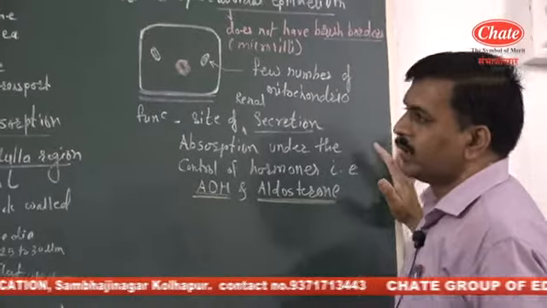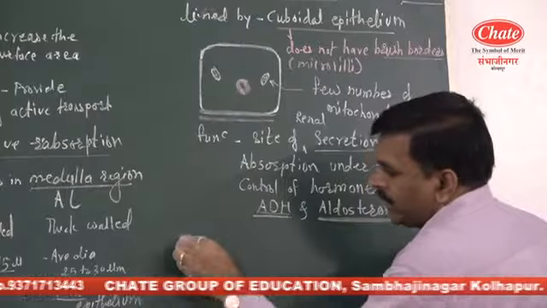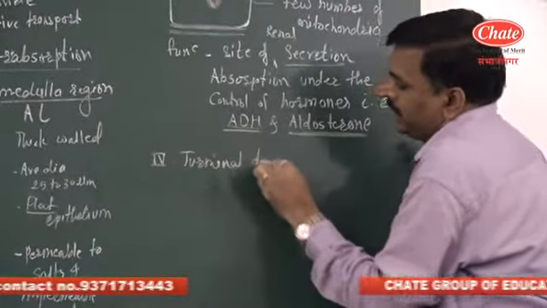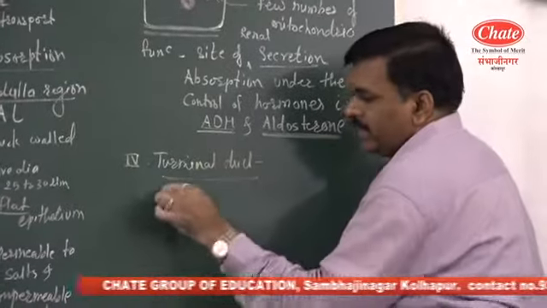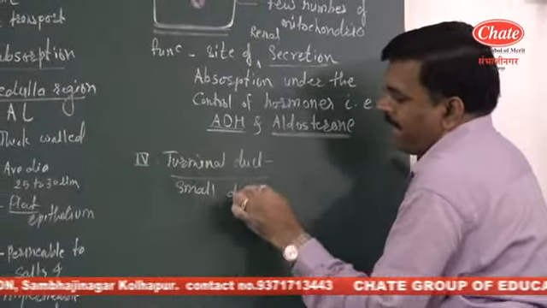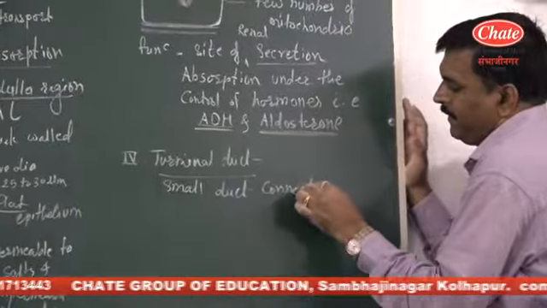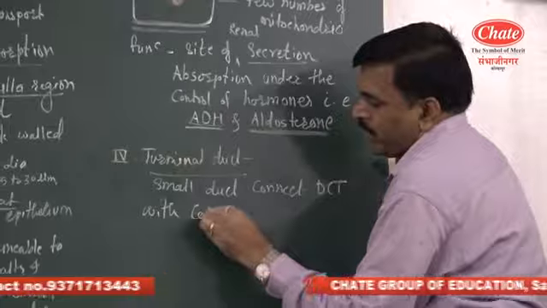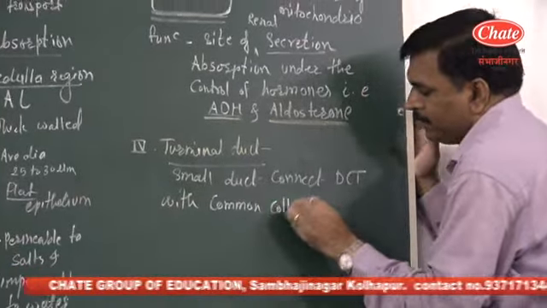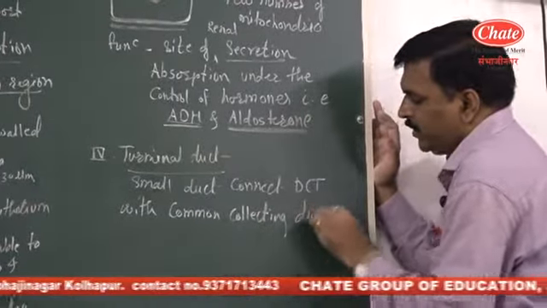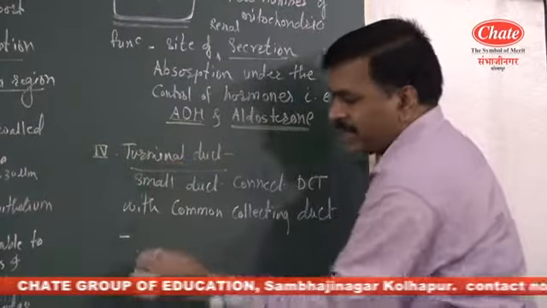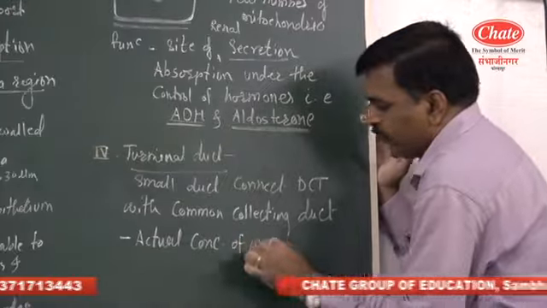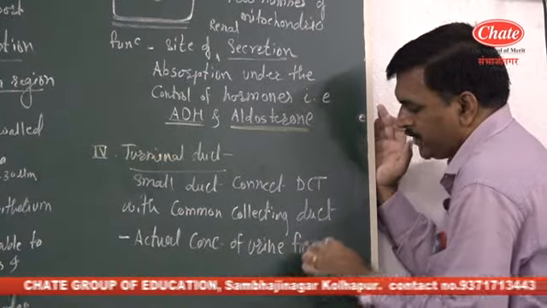This is the distal convoluted tubule. Distal convoluted tubules end into the next part, termed the terminal duct. The terminal duct is a small duct connecting the DCT, distal convoluted tubules, with the common collecting duct, and it is the site where the actual concentration of urine is formed.